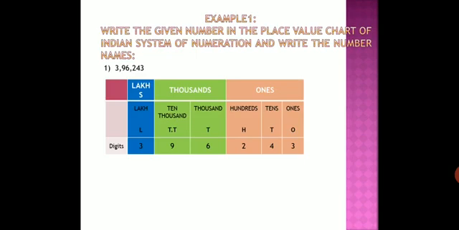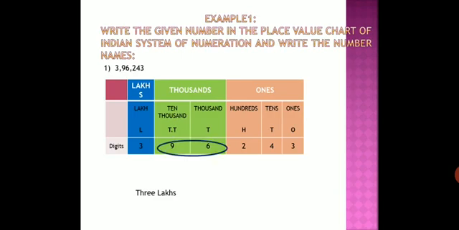Now, let us start naming the number. First, you have 3. 3 comes under lakhs. So how do we write? We write it as 3 lakhs. Then we have 9 under 10,000, 6 under 1,000. The main heading for both is 1,000.